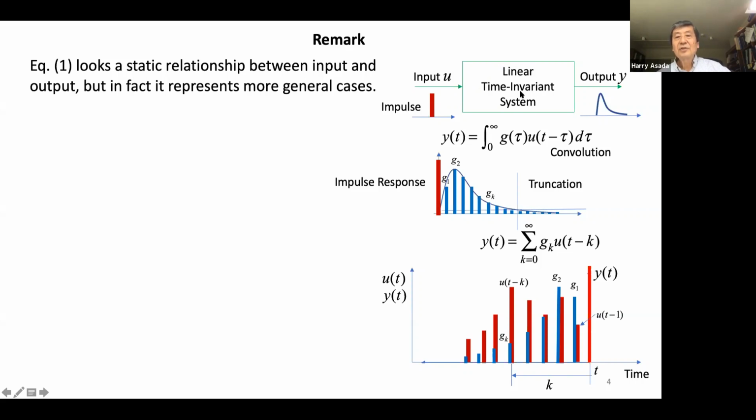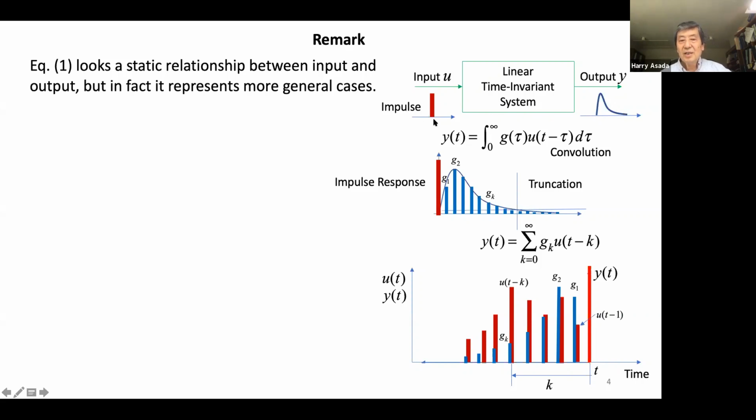You have learned, say, ordinary differential equations, or converted to transfer functions, or input-output relationship also, and it can be represented by impulse response. So you put one impulse at a certain time, and then observe the output, which shows this kind of curve, right?